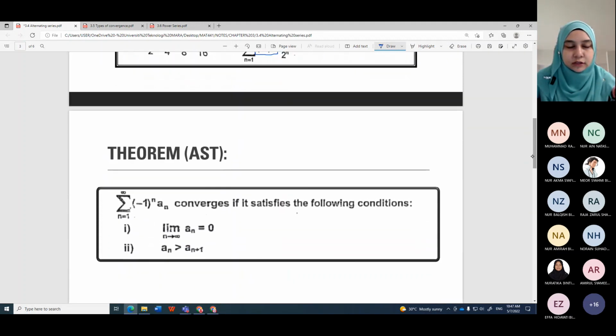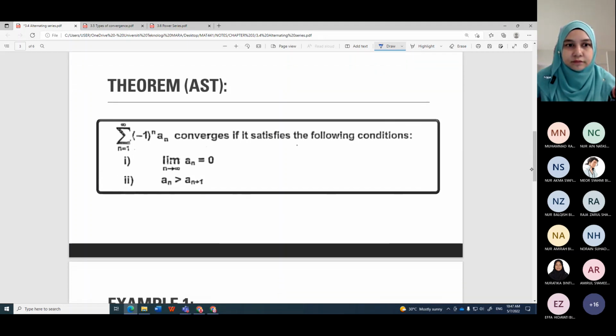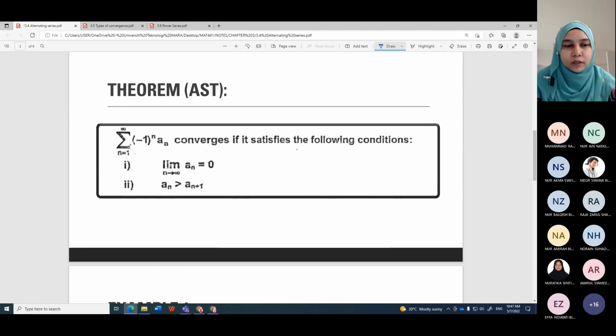Let's look at the theorem for the alternating series test. The summation of -1 to the power of n times a sub n, where n is equal to 1 until infinity, converges if it satisfies these two conditions.